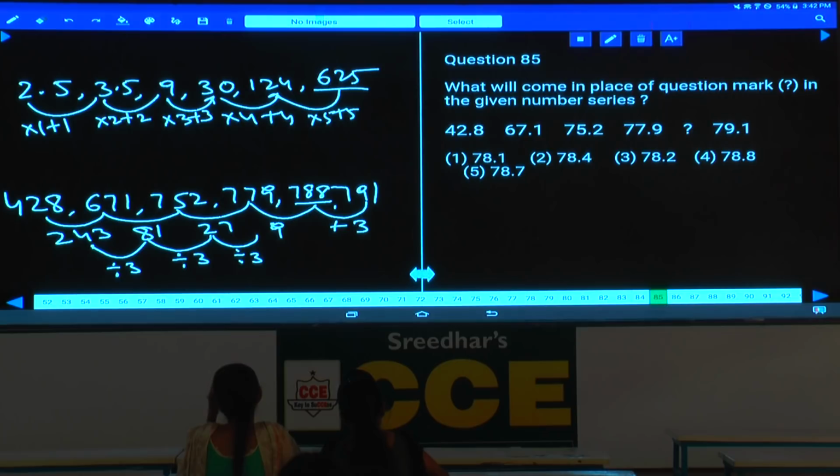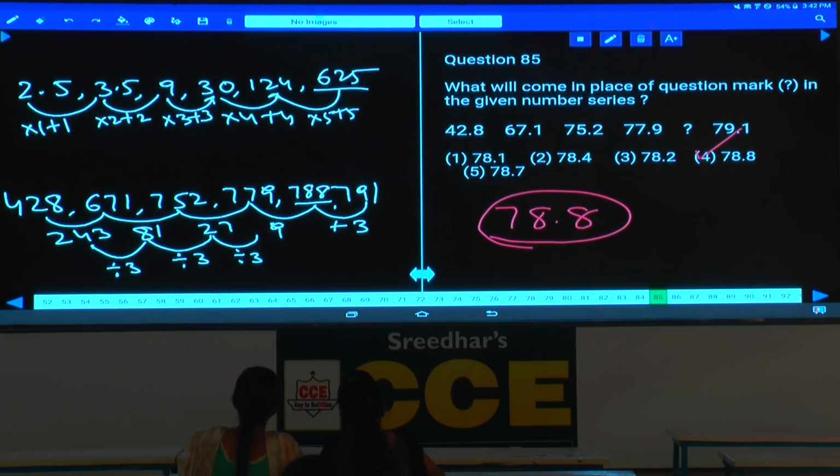Now 788 is the number. Earlier we multiplied the numbers, now we should divide, hence 78.8, choice 4. The differences between the numbers are powers of 3: 3 power 5, 3 power 4, 3 power 3, 3 power 2, 3 power 1, or the differences are divided by 3. This is question number 85, choice 4.